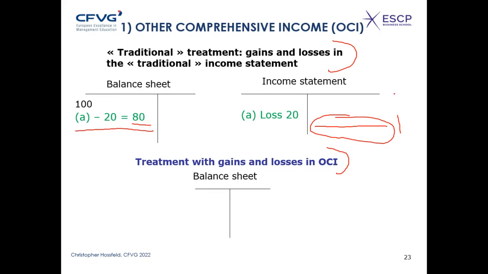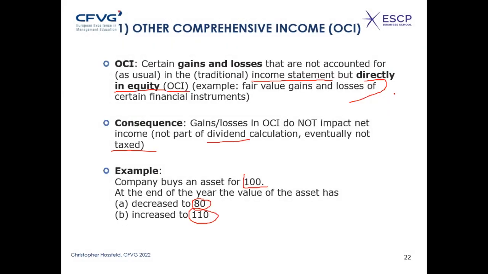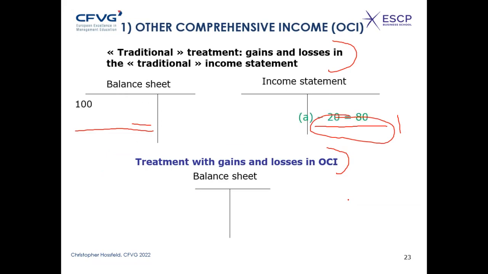Because this gain is only on paper. The value of the asset increases at the end of the year, but I'm not selling the asset. I didn't sell it. It's what we call a paper gain, a gain on paper. It's not a gain that has been realized with a transaction.